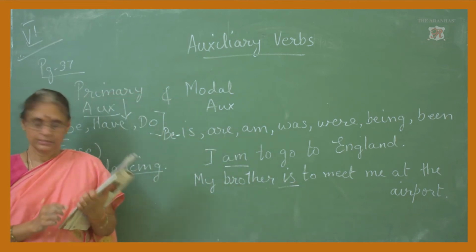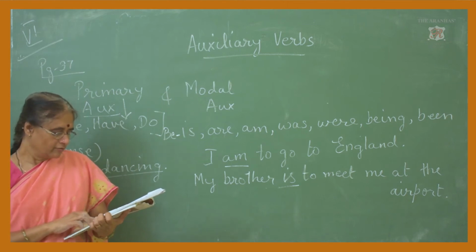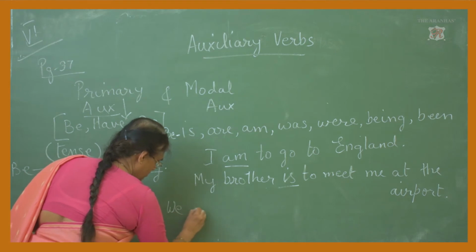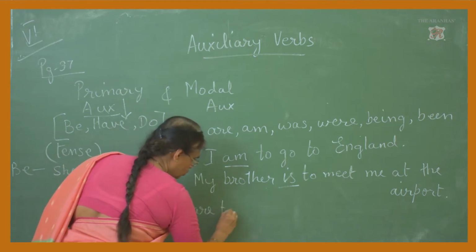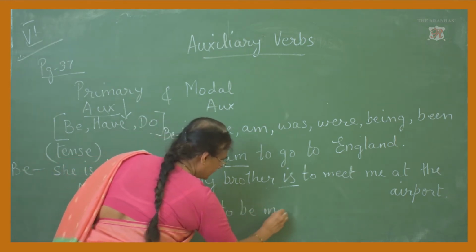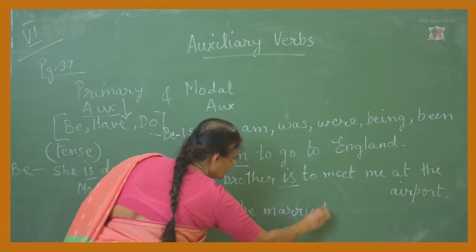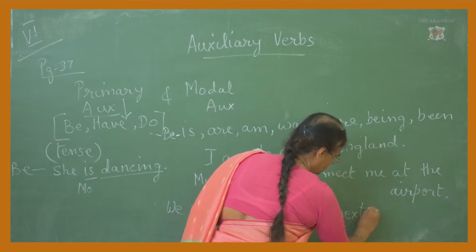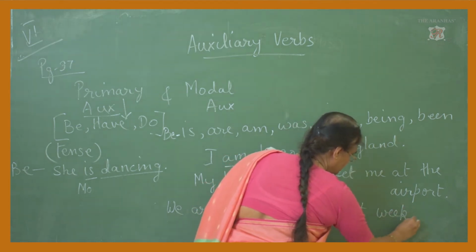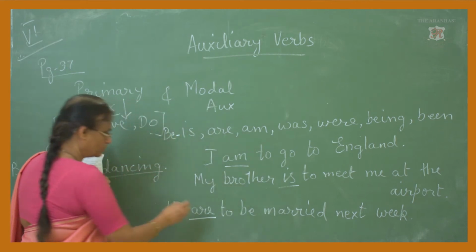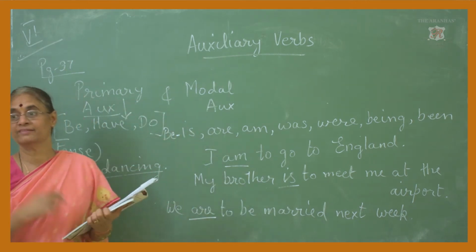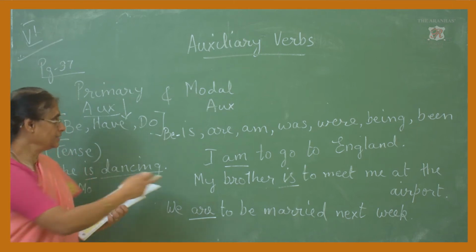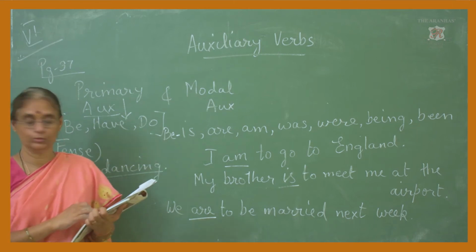Is. Now one more sentence. We are to be married next week. Next week. So what is used, are. That means you have planned, you have decided. Is that clear? Okay. So in these different situations we can use them.